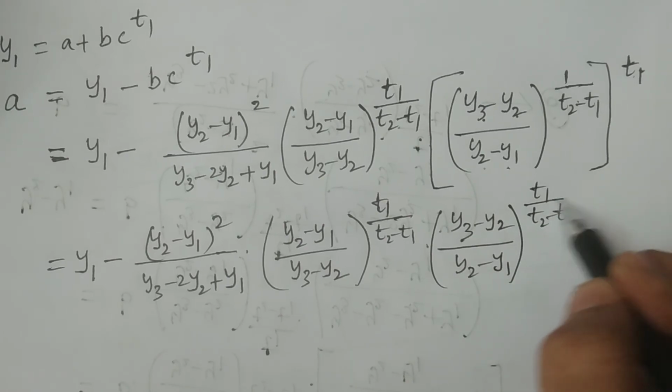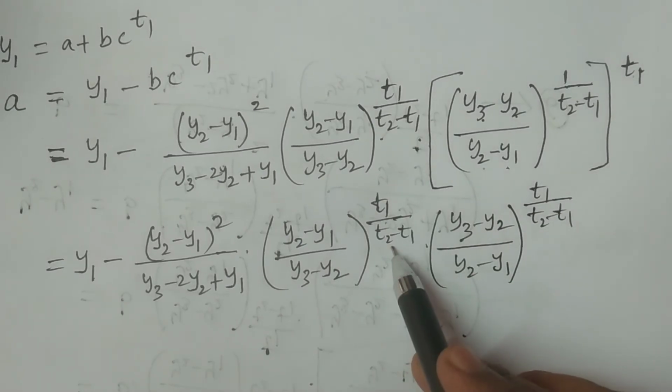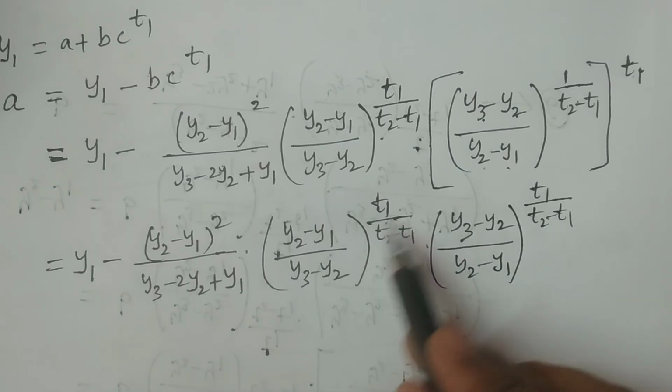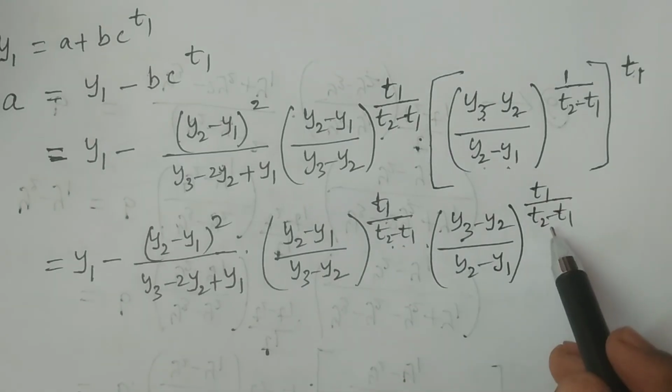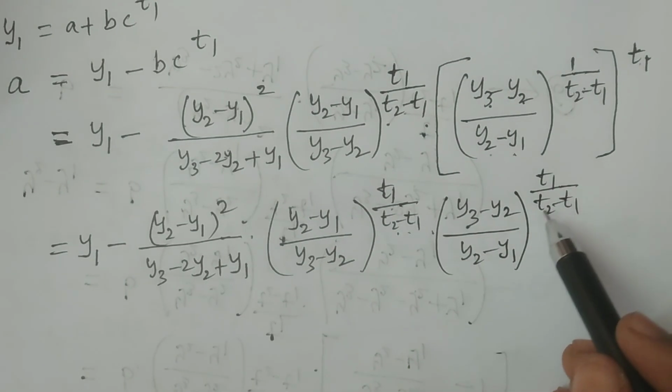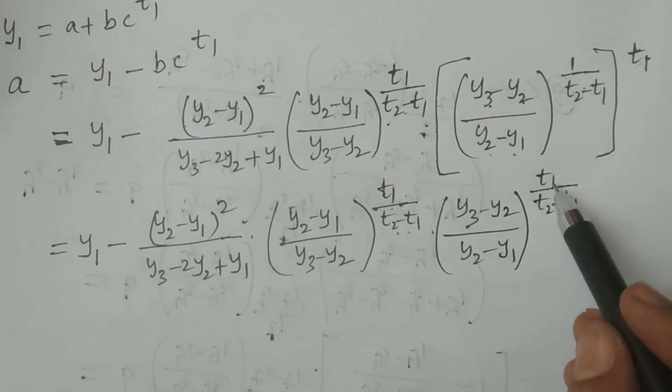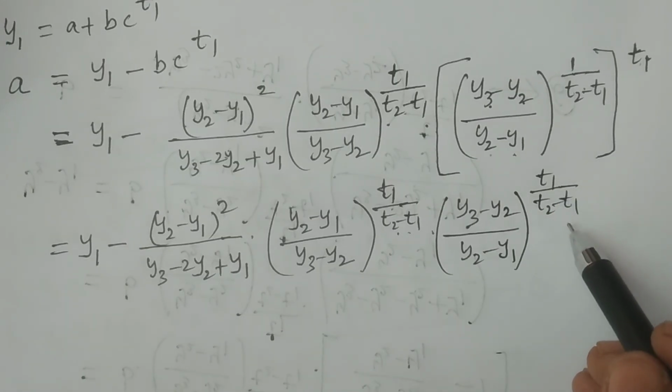For both of these terms the power is t1 by t2 minus t1.